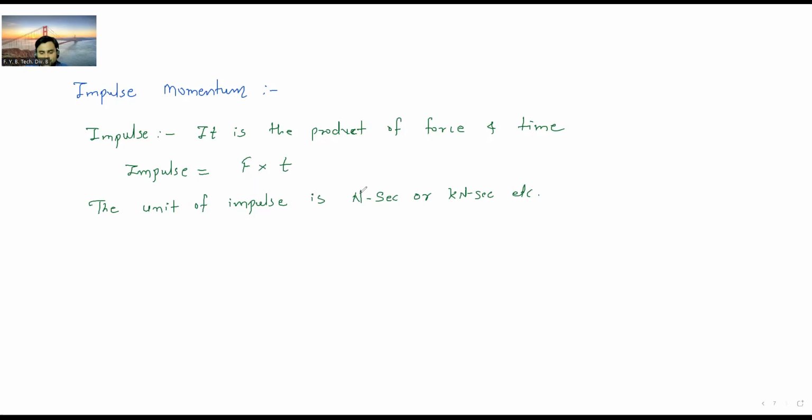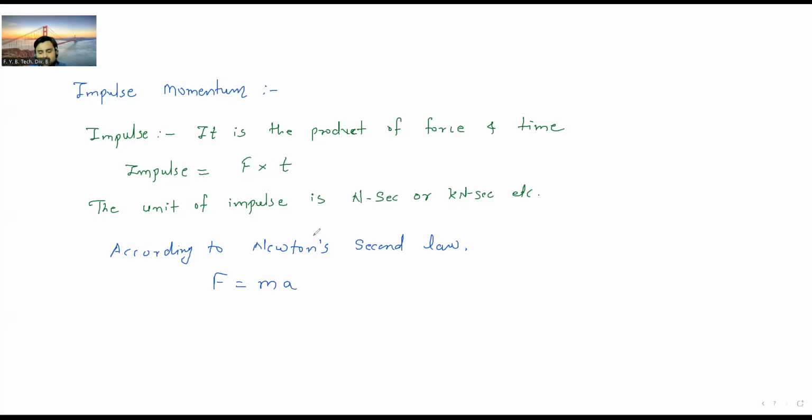So now, what is the impulse momentum? That we will see now. Impulse momentum, this upper part. What is impulse momentum? Here, according to Newton's second law, F is equal to ma.